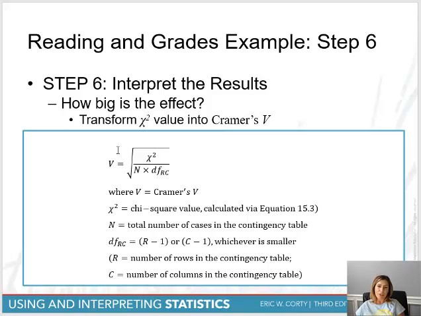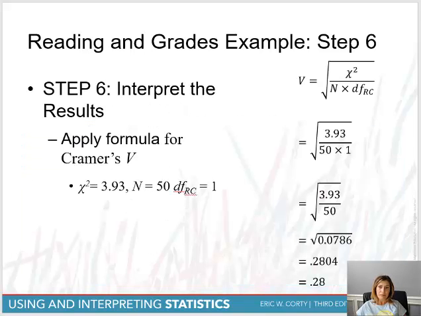So Cramer's V is equal to the square root of chi-square divided by n times the degrees of freedom. So the chi-square we use is the one that we calculated. So 3.93 divided by the total number of cases, 50, times our degree of freedom, which is 1. So the square root of that is 0.28.